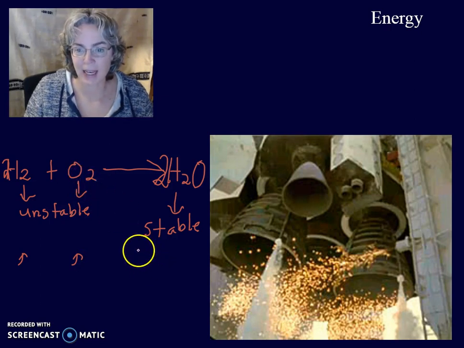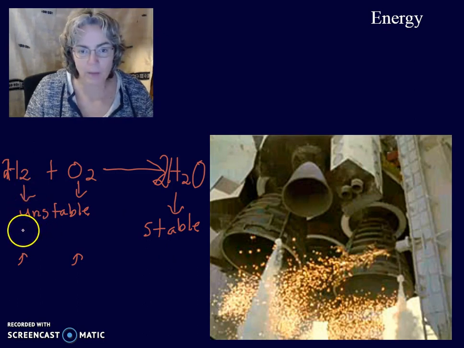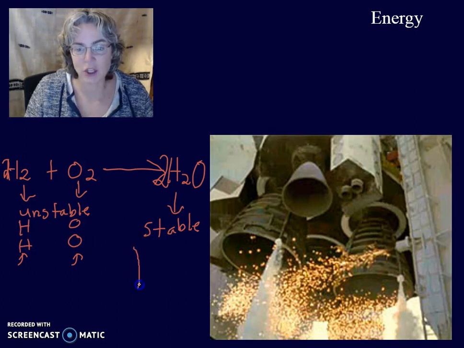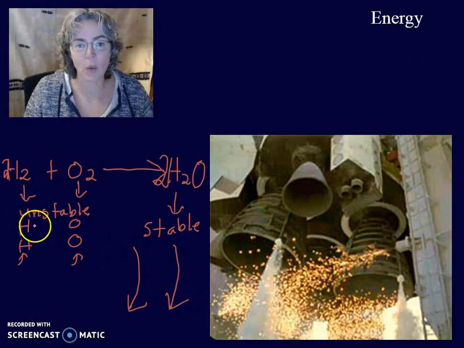But then to combine, so we've got now 2 hydrogens and 2 oxygens. But then there's a huge amount of energy released when 2 hydrogens combine with an oxygen.